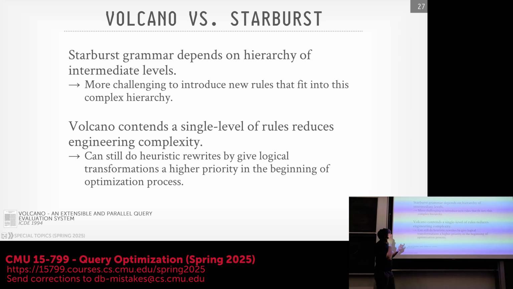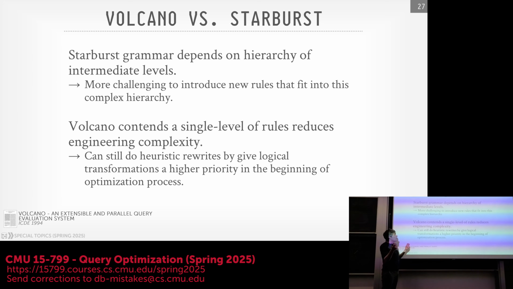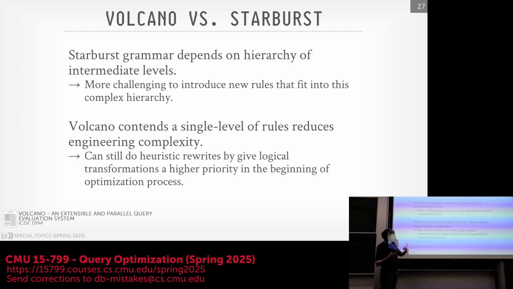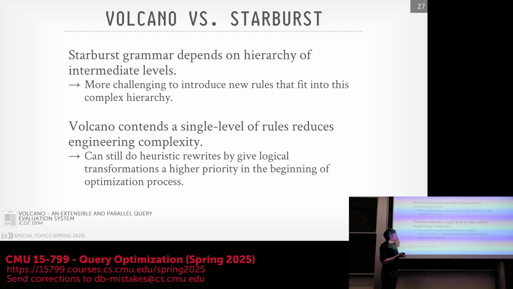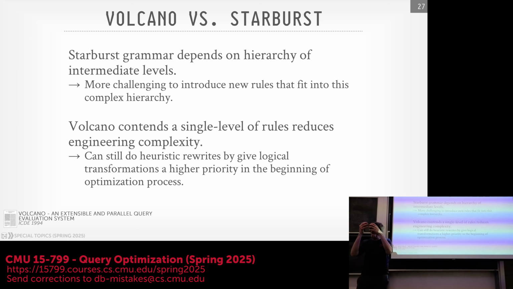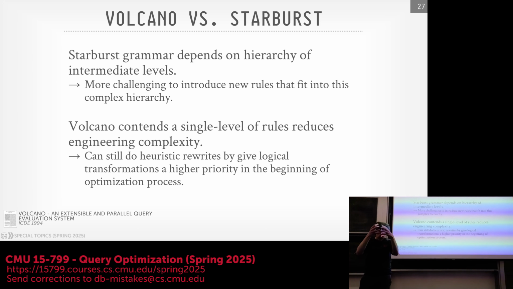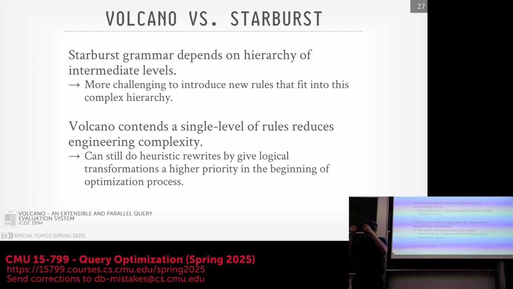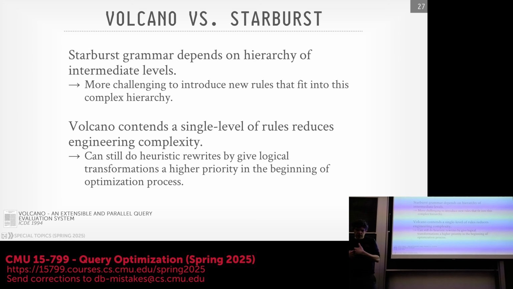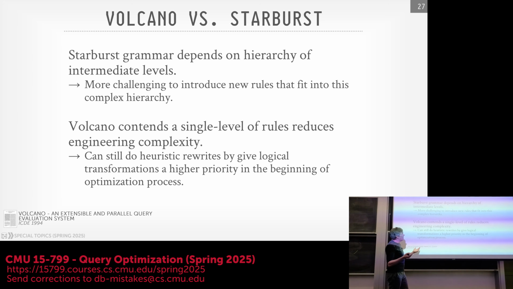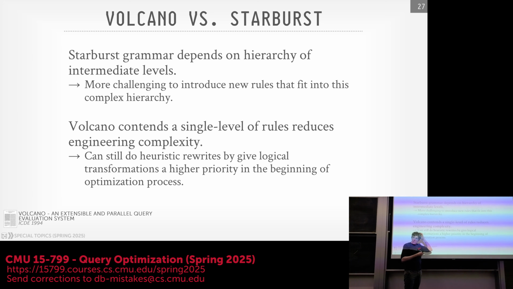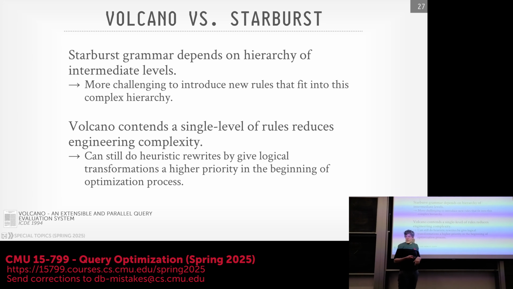So they're going to argue that the way Starburst implemented the rewriting of the rules for the cost-based search is too convoluted, because you have this hierarchy where logical operators can get converted into combinations of more logical operators than the physical operators. And if someone wanted to introduce new operators or a new data model, they would have to figure out how to make that fit into the things that already existed in Starburst.